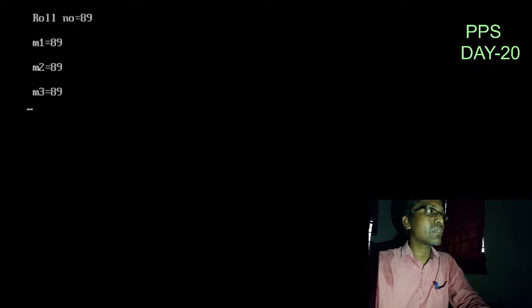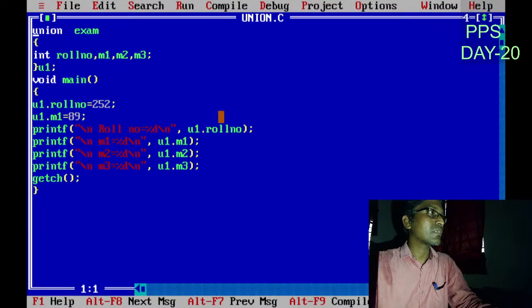That's why in my program I assigned the value 89, and the remaining values like roll number, M1, M2, M3 are all assigned the same 89.